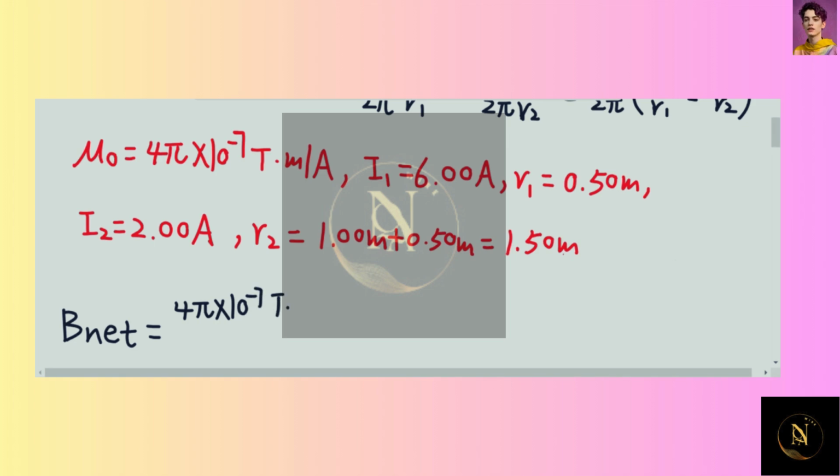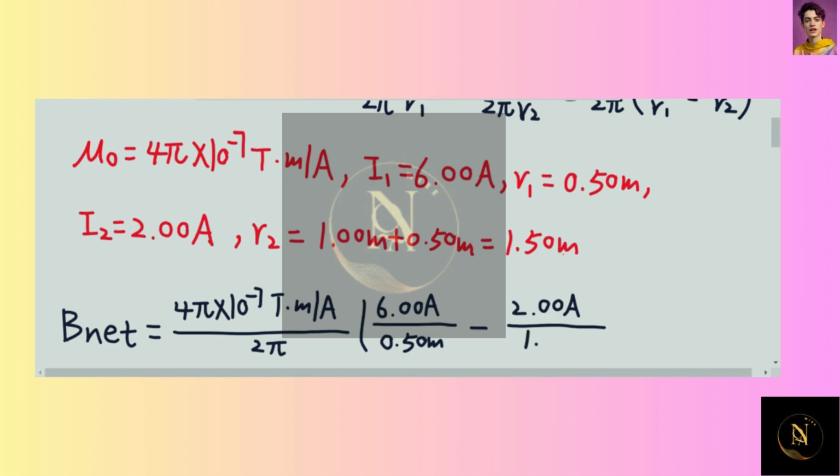So therefore, we can determine the net magnetic field at point Q, which is equal to 4 pi times 10 to the power of -7 Tesla meter per ampere over 2 pi, times I1, which is 6.00 ampere, over R1, which is 0.5 meter, minus I2 over R2, which is 2.00 ampere over 1.50 meter.